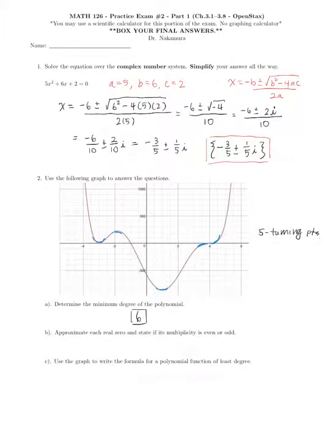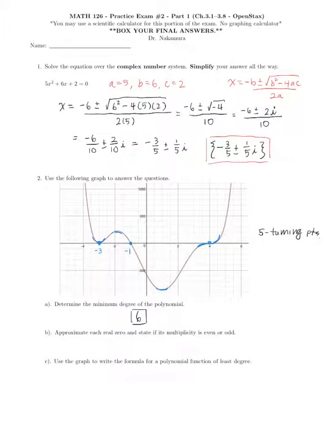All right, now next one. Approximate each real zero and state if its multiplicity is even or odd. Let's first determine all the zeros. I see a zero here. I believe this is x equals negative 3, the way it's written. Another zero will be right here, so this will be x equals negative 1.